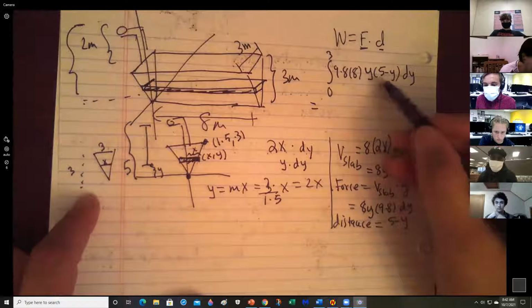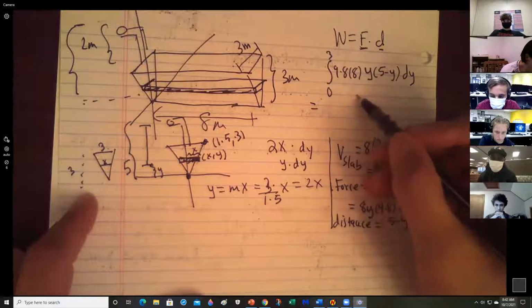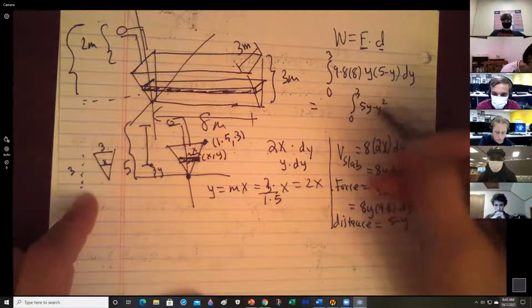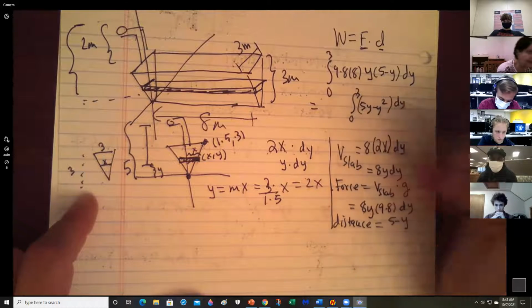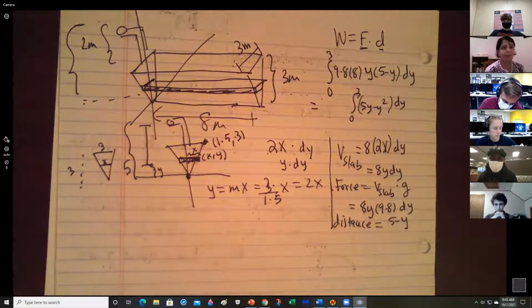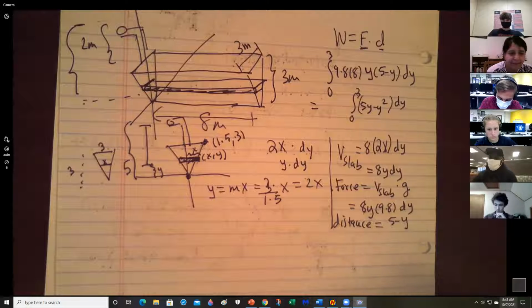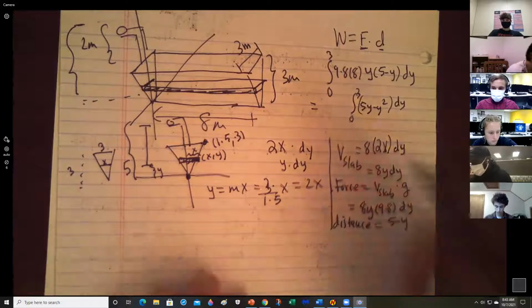And then this will become, so tell me what that number is. Then 0 to 3, 5y minus y squared dy. What's 9.8 times 8? Somebody do it quick on the calculator. And tell me what you get. 78.4.